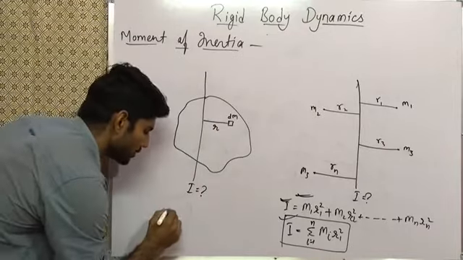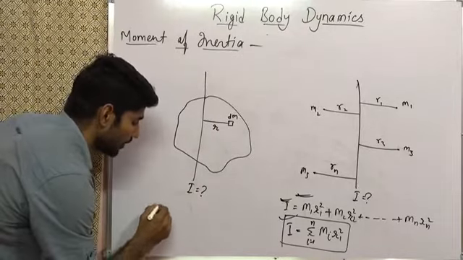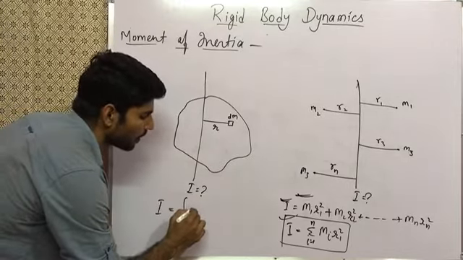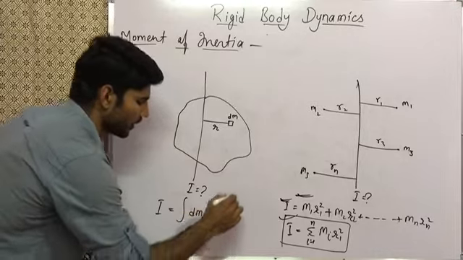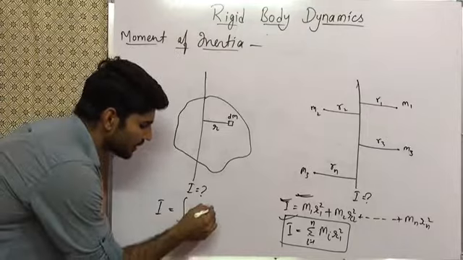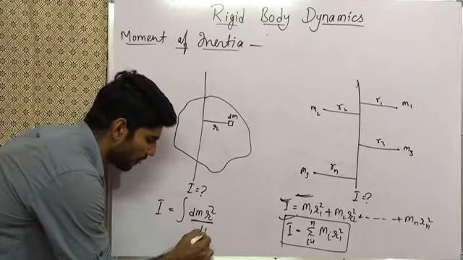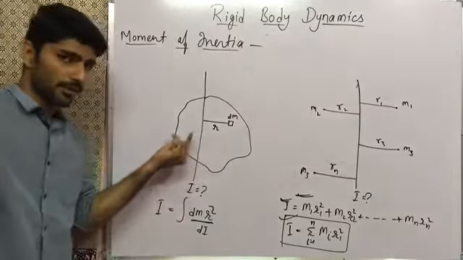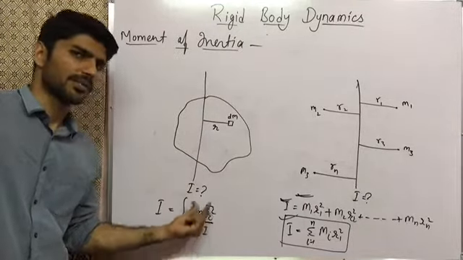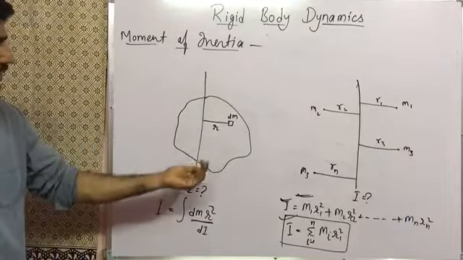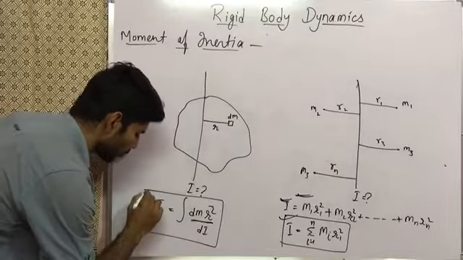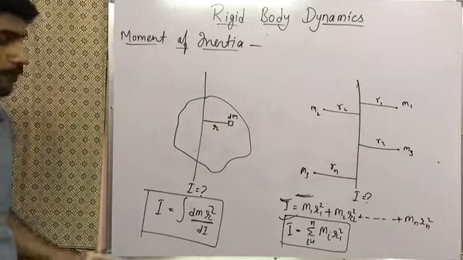Then the moment of inertia for this body is given as integration of dm r square. Here dm r square is the moment of inertia of this small component about this axis, and the integration of dm r square is the moment of inertia of the entire body about this axis. So we will use this formula to derive the moment of inertia for rigid bodies.